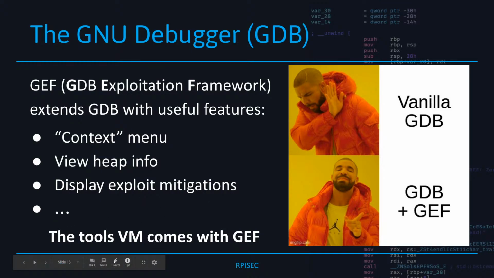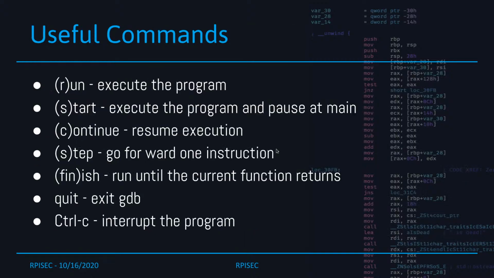So if you're using the tools VM, we have installed Jeff already on the tools VM, so you should be good to go just out of the box already. If you aren't using the tools VM, that's also completely fine. Jeff is very easy to set up and to install on your own as well.